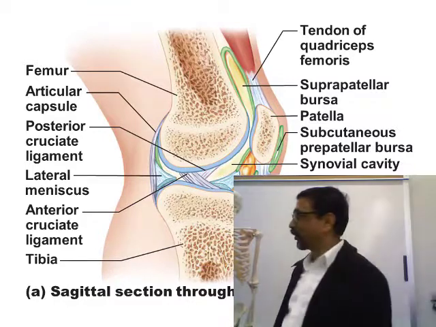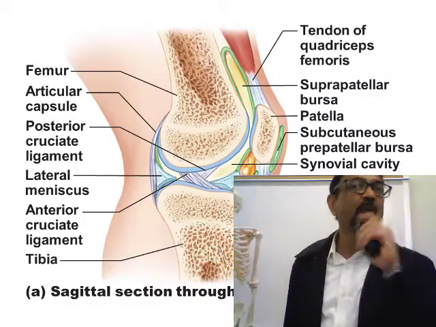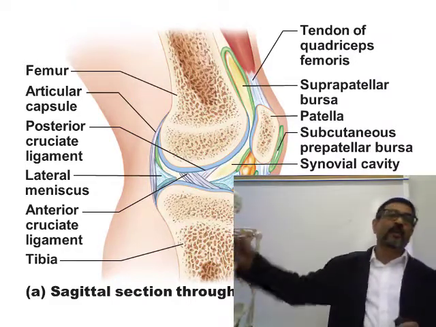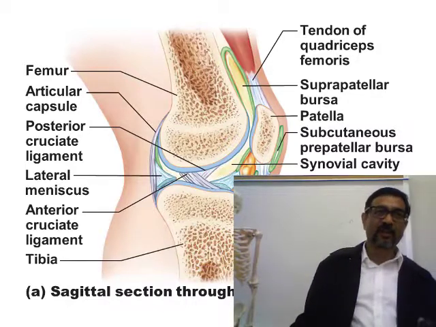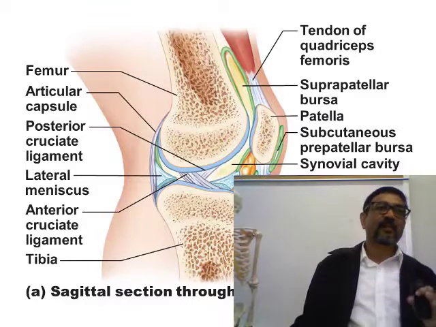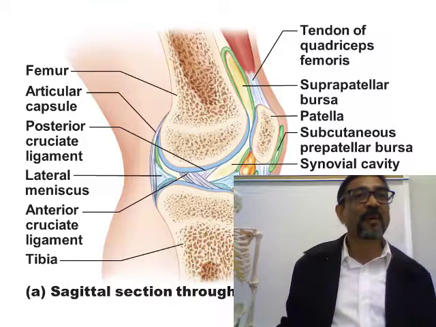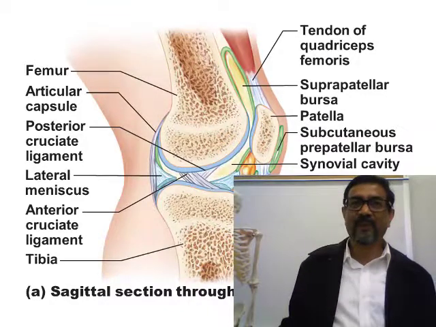I believe many of you know. So meniscuses are fibrocartilage, and around that you have articular cartilage, which is hyaline cartilage. You already know articular cartilage is a hyaline cartilage present in all synovial joints, right? But in the knee joint you also have fibrocartilaginous meniscus in the inner part.